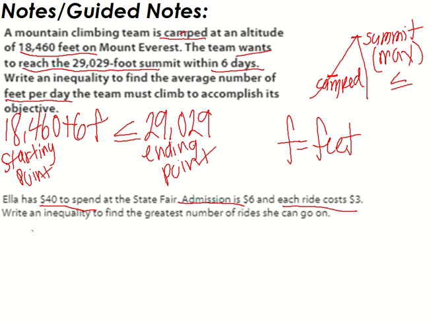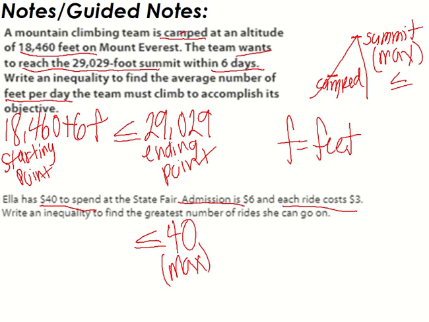So since we can't spend more than $40 because that's all she has, no more than is again a less than symbol. That's the max we have, right? Remember, this is our max. So that's why we use a less than or equal to symbol.